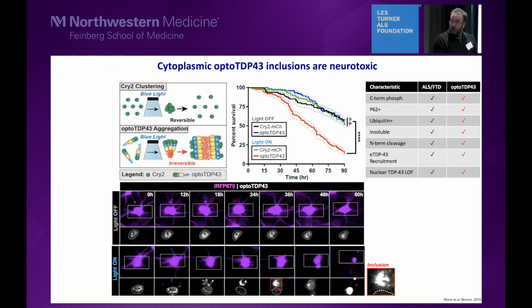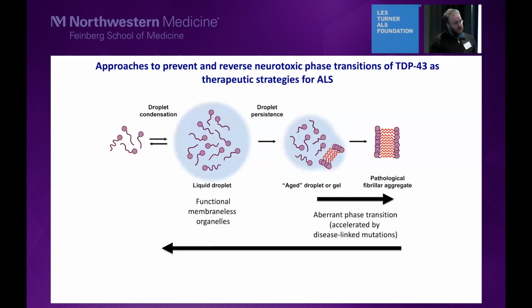And moreover, it's around the time that we get this aberrant phase transition of TDP-43 that the neurons really begin to get into trouble and start to die in the culture. So we really think that this aberrant phase transition of TDP-43 is something that's very damaging to neurons. And so one thing that my lab is very interested in doing is finding ways to reverse these deleterious phase transitions as a possible therapeutic strategy for ALS and FTD.